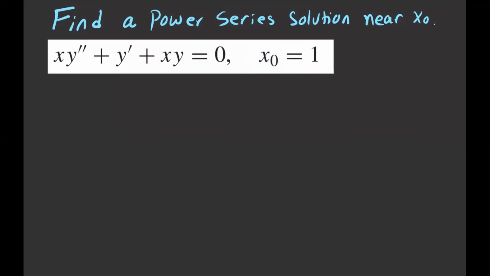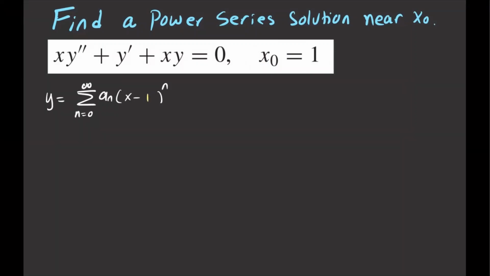So we know that the solution we're seeking is y equals the sum starting from 0 to infinity of a sub n (x minus x naught) to the power n, where x naught represents the center. So we want to replace that with 1 in this problem. That way the solution we're seeking will look like this.